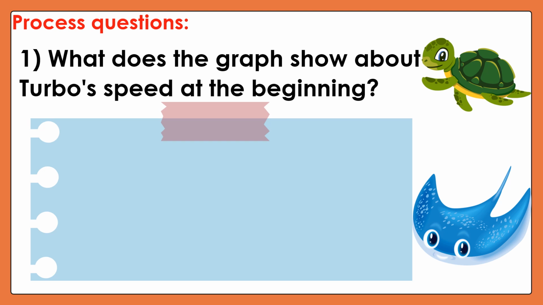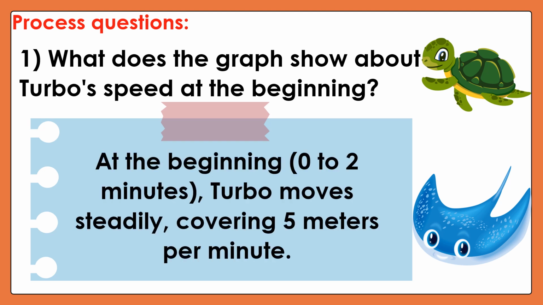Here are the process questions. Number 1, what does the graph show about Turbo's speed at the beginning? The answer, at the beginning, we have 0 to 2 minutes. Turbo moves steadily, covering 5 meters per minute.